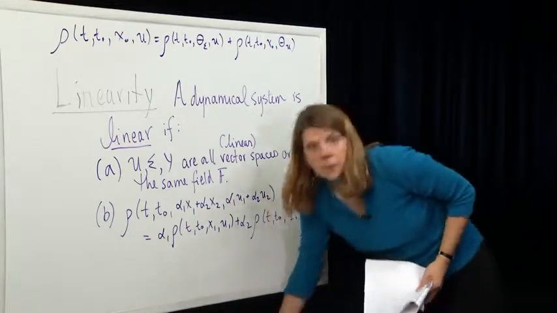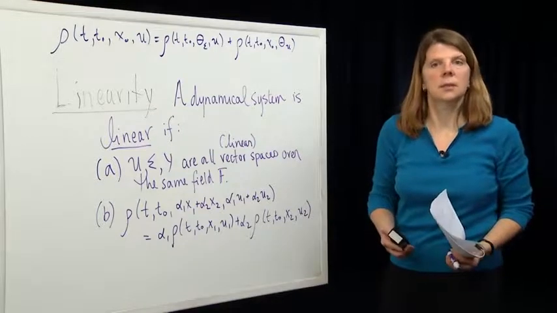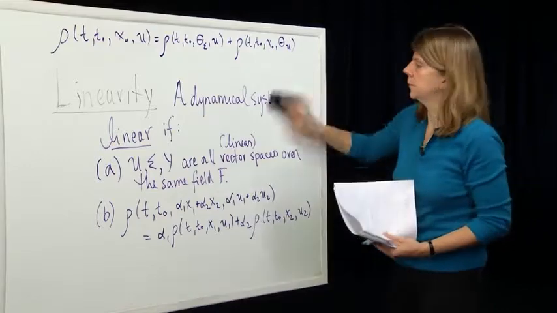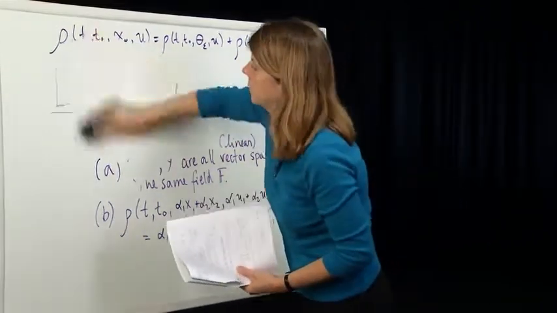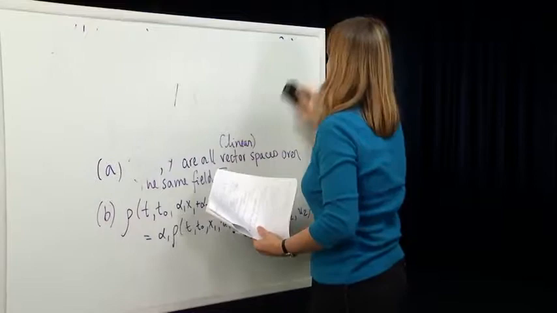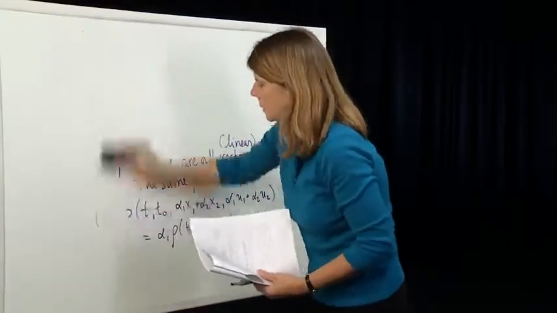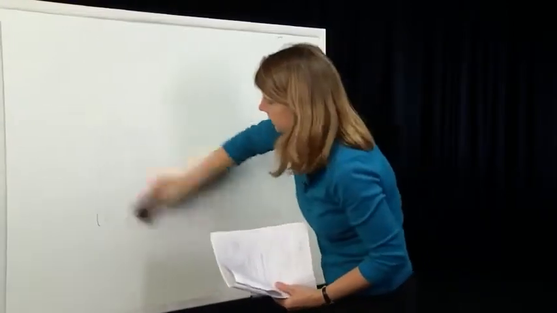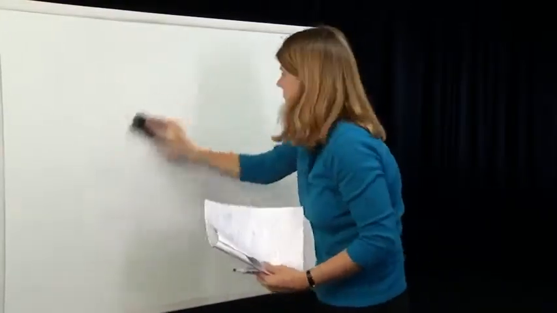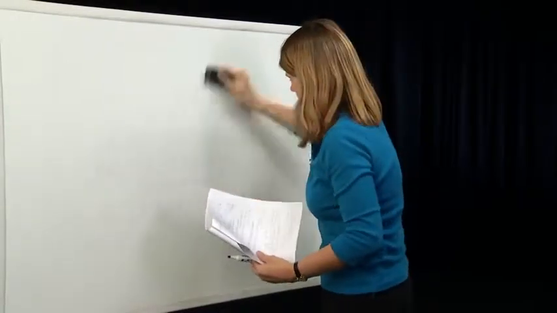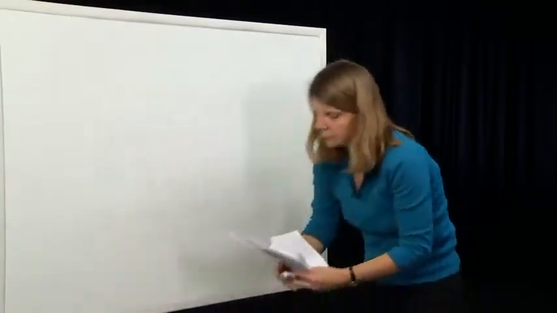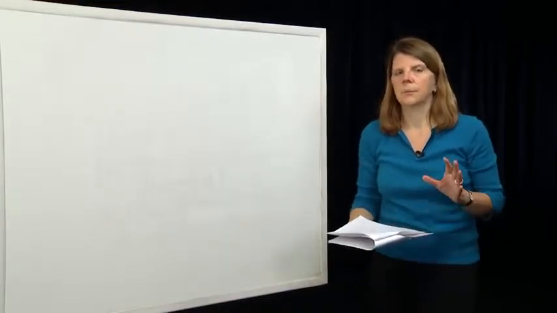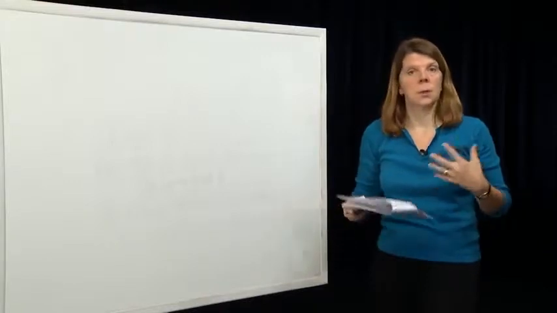The second important property that we're going to talk about in this module is that of time invariance. What does it mean for a dynamical system in general to be time invariant? And as I said before, systems that are linear and time invariant are a special class of systems for which we can say a lot.